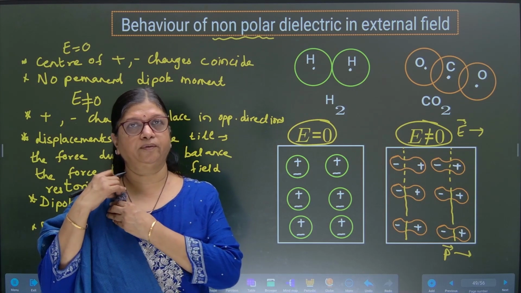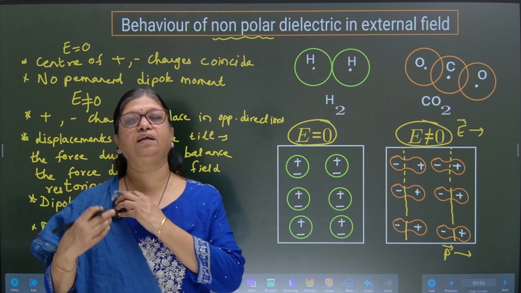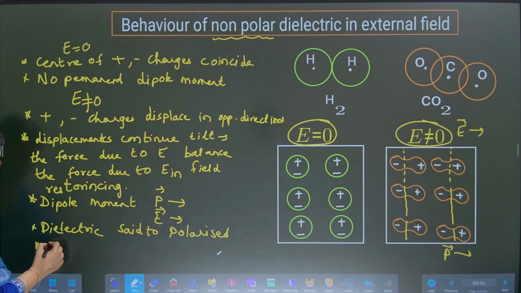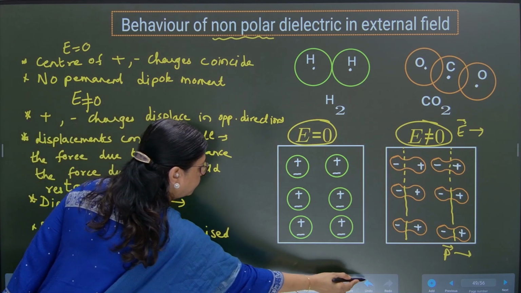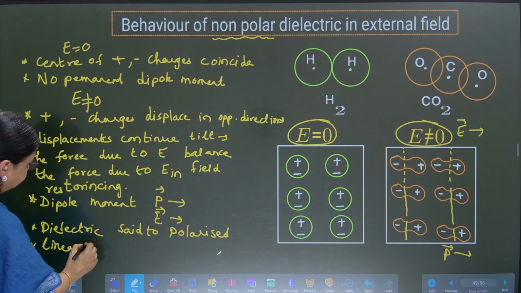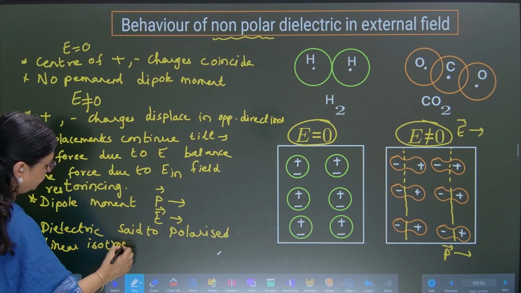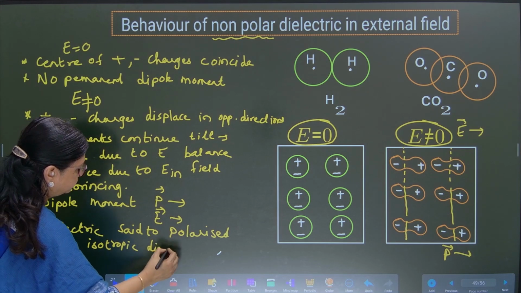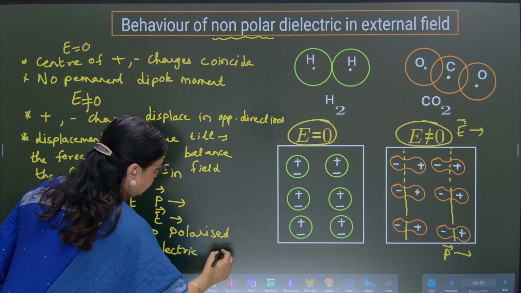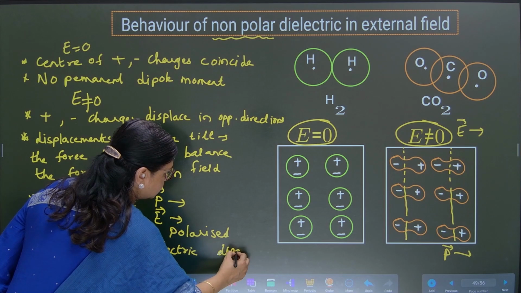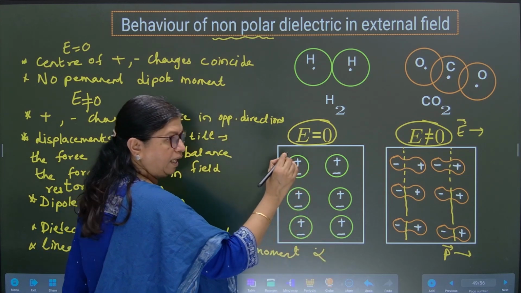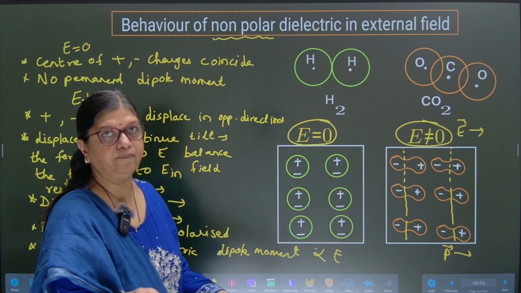So this type of dielectric is called a linear isotropic dielectric, where the dipole moment is proportional to the electric field which we have given.